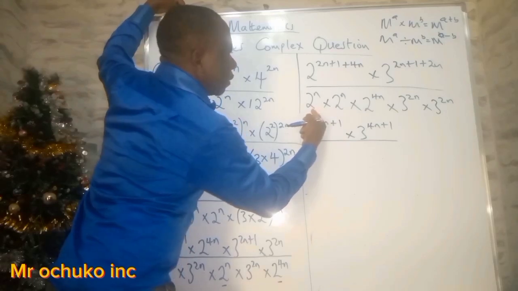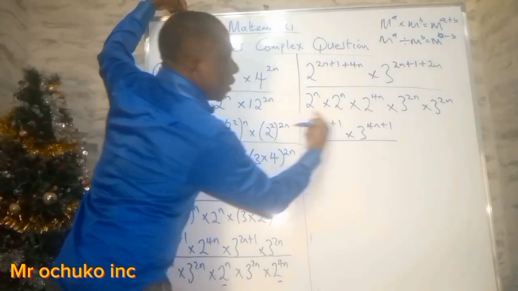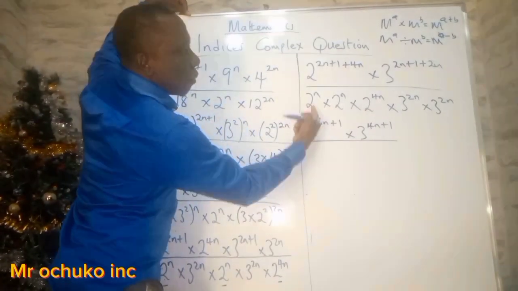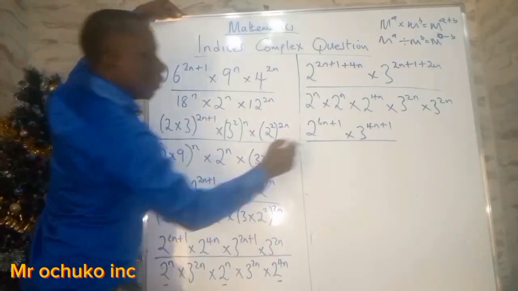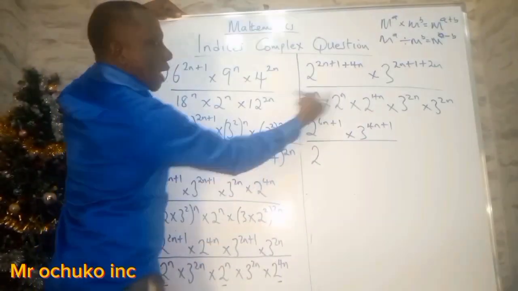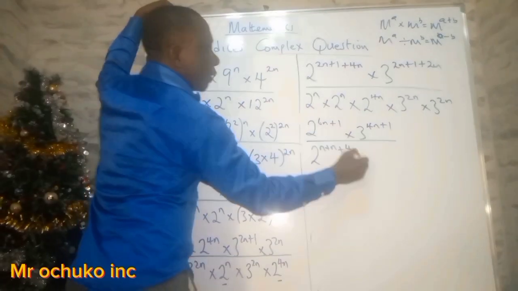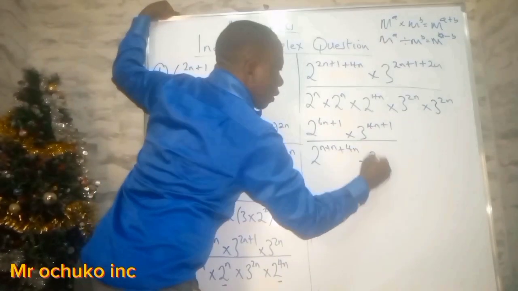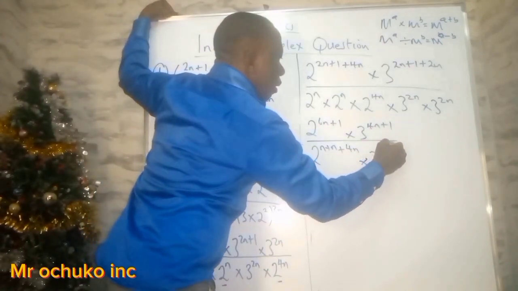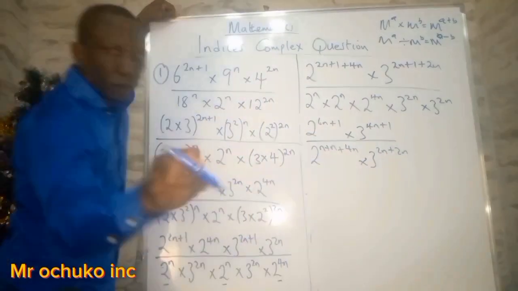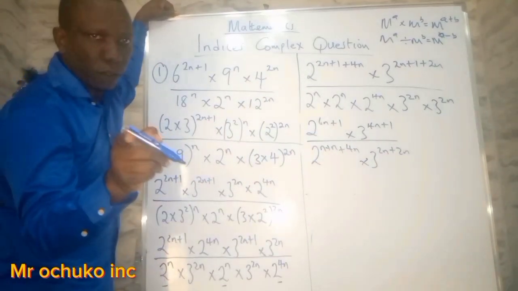Now, you see, they are the same base. If we have common base, add the powers. So I can just take one of the base and add the power. So we have n plus 4n, then likewise 3 raised to power 2n plus 2n. We are going somewhere. Observe.